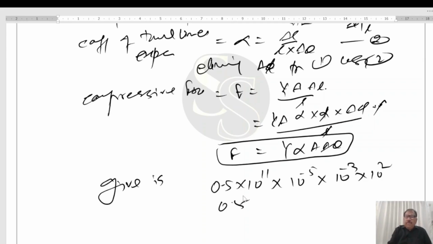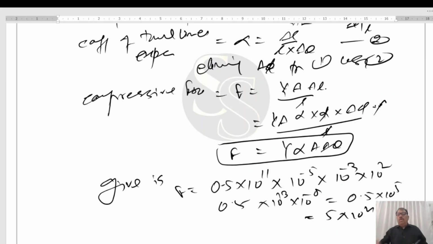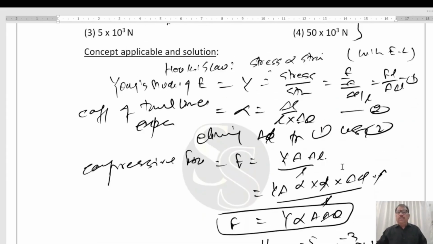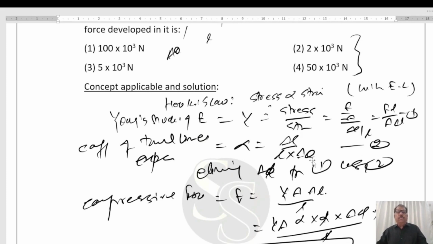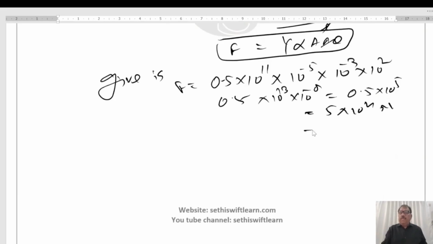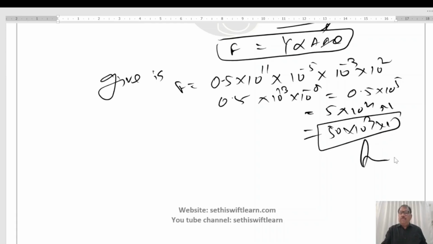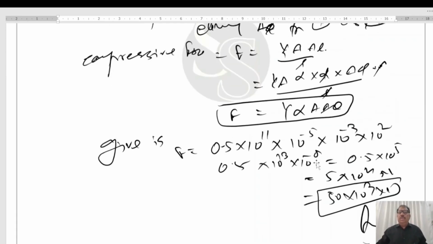On simplification, 0.5 into 10^11 into 10^-5 into 10^-3 into 10^2, that is 0.5 into 10^5, that is 5 into 10^4 Newton. The answer is 5 into 10^4, so we can write it as the 4th option, that is 50 into 10^3 Newton.